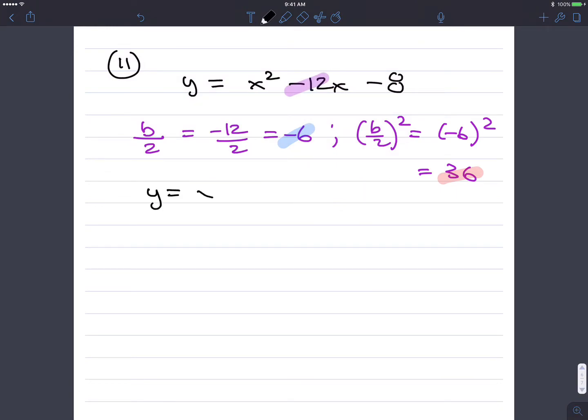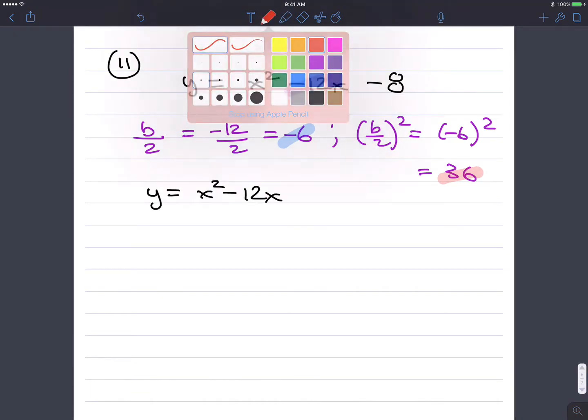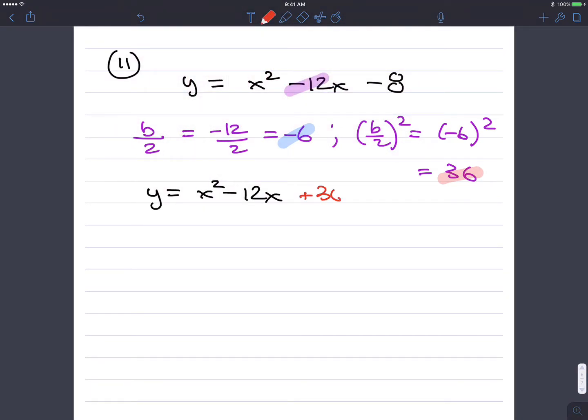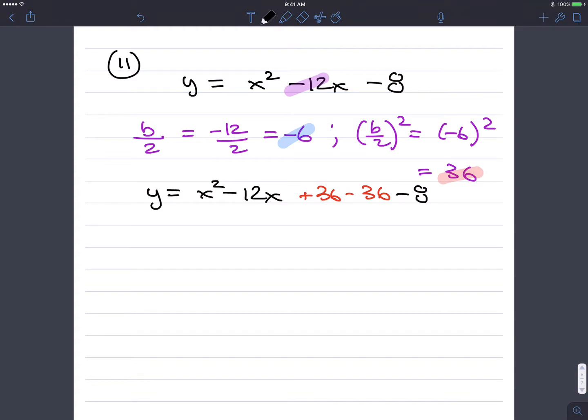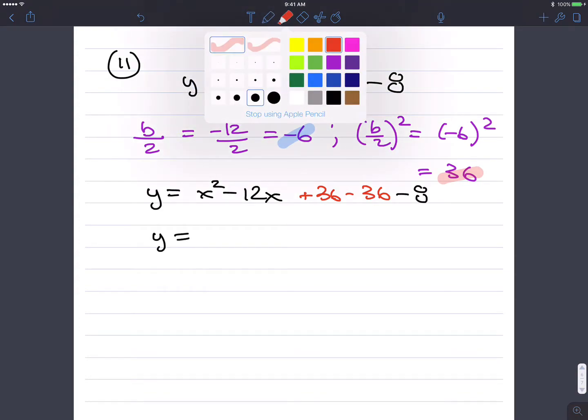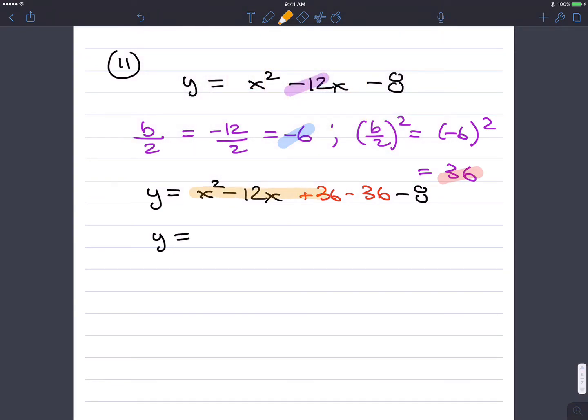Y equals x squared minus 12x. Those are my first two terms. And again, I'm going to add 36, subtract 36, and ultimately here I'm going to subtract 8. So that y is going to be, if we factor the first three terms, do arithmetic in the last two.